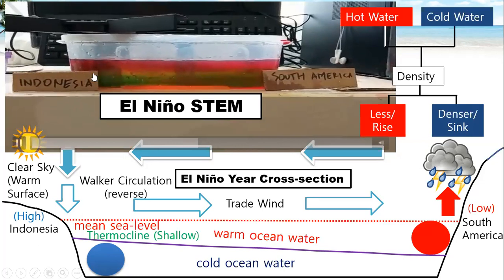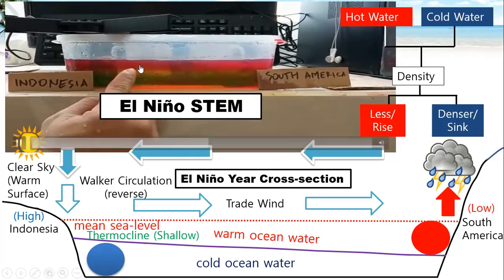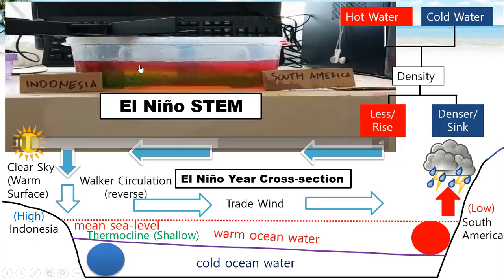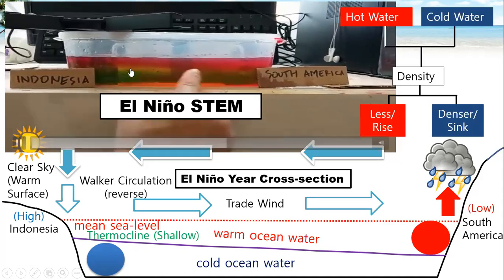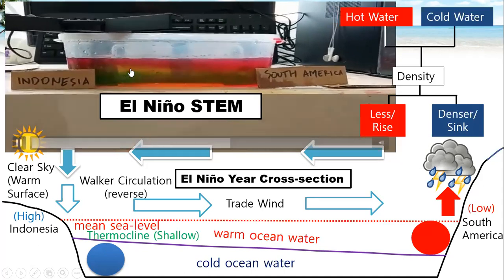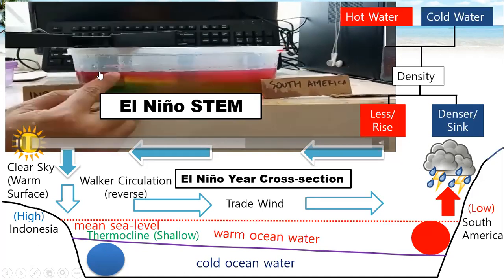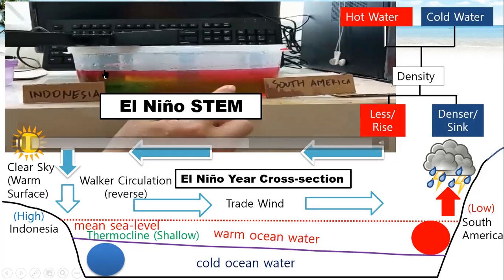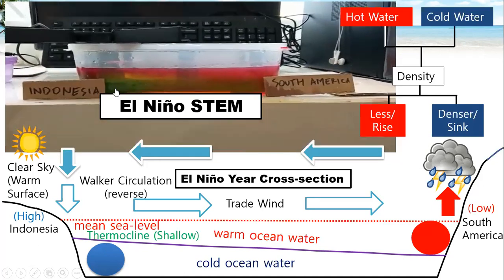So here we can see during El Nino, if you put a fan above the cold water, so this is a plastic container colored red and green to identify cold and hot water, and above the cold water we put a fan to generate wind. So here we generate water circulation and the reversal of trade wind.